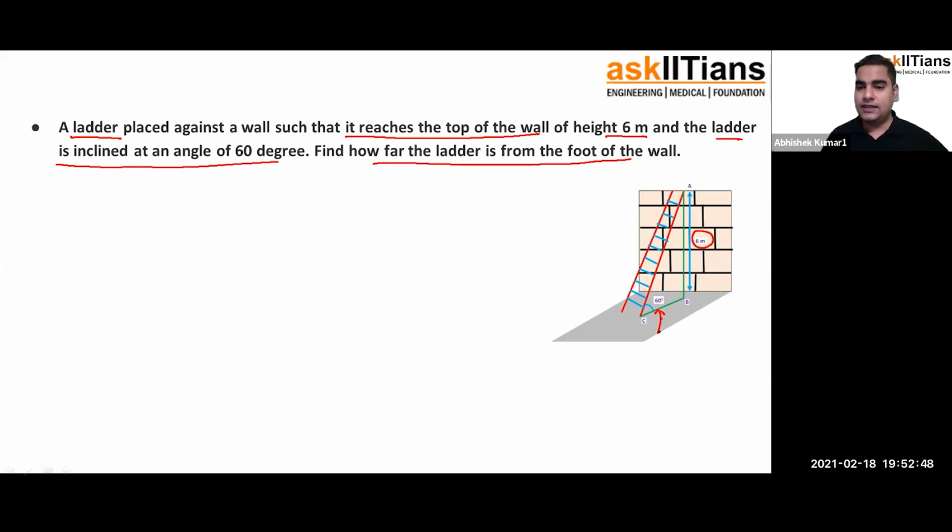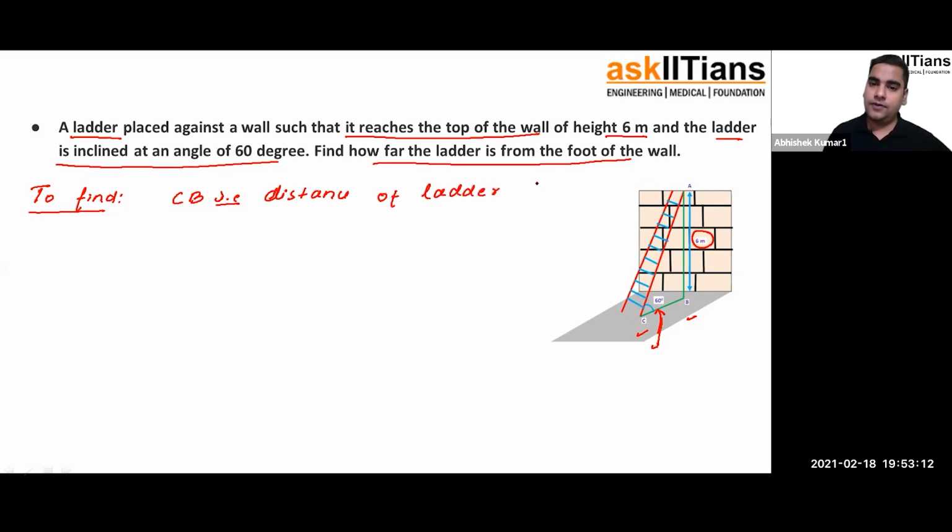So basically this is the value we have to find, or CB is what we have to find here. Clear? So to calculate, that is CB. CB means this is the distance of the ladder from the foot of the wall.